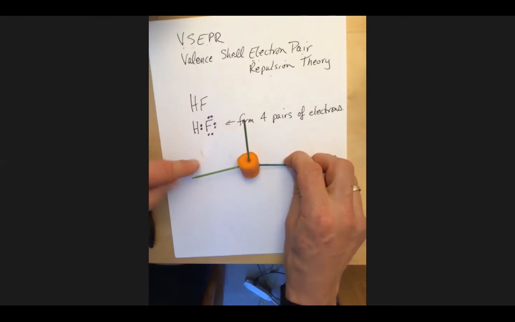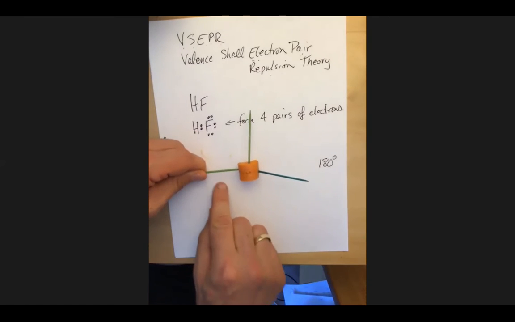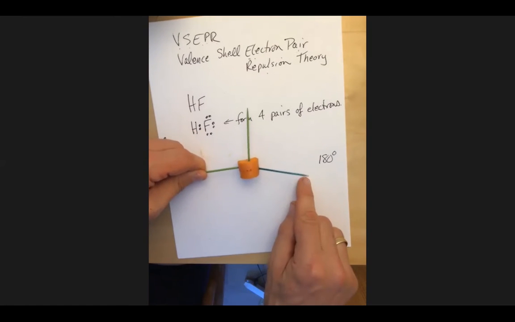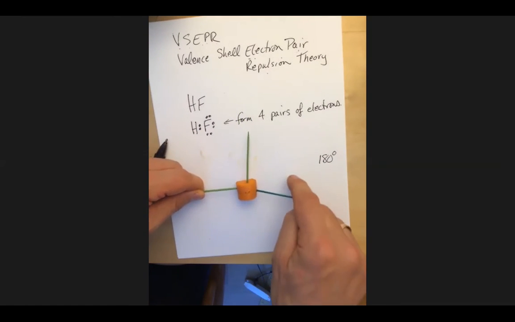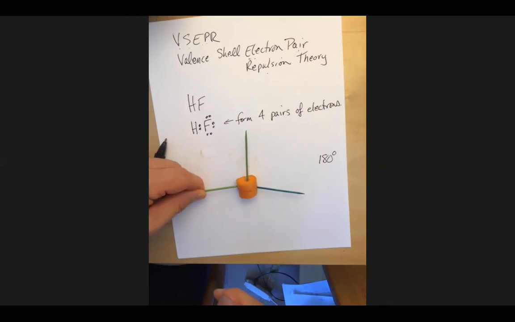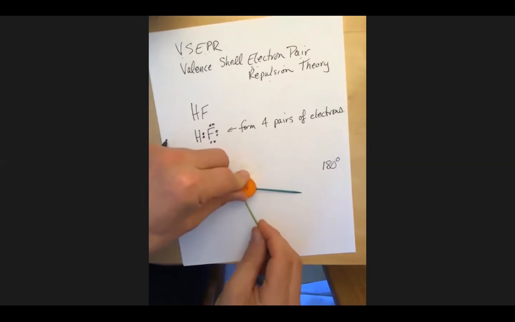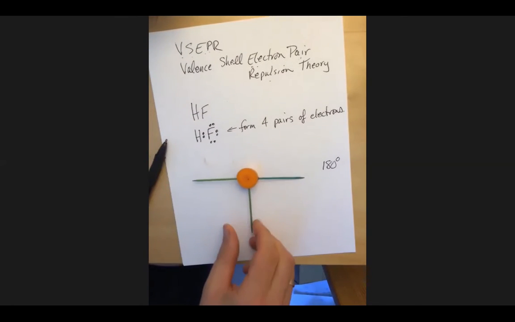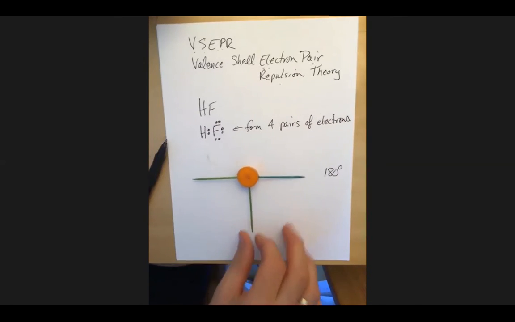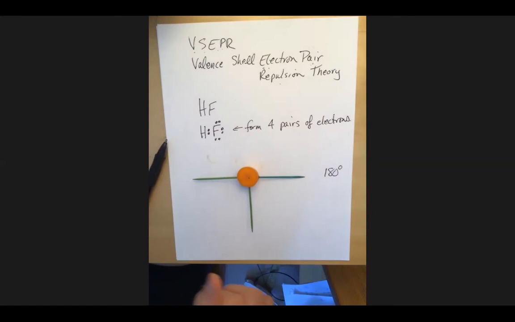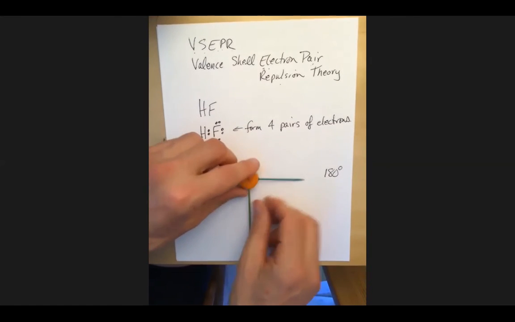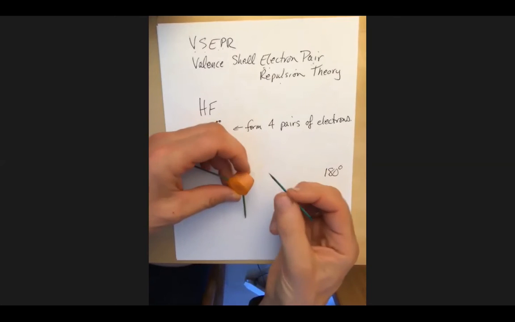I've got 90 degrees, 120 degrees, and it looks like I put it a little crooked, not quite 90 degrees, but 90 degrees. So if I want to get these three pairs of electrons as far apart from each other as they possibly can be, I've got to do something different. So I'm going to go back down here, and depending on how your geometry skills are, you're going to start to think about where we might be able to move them to.